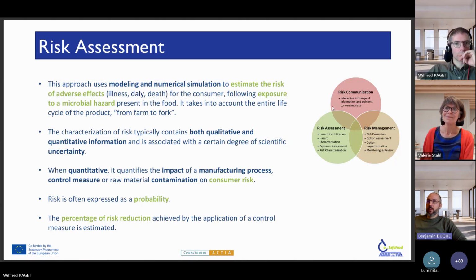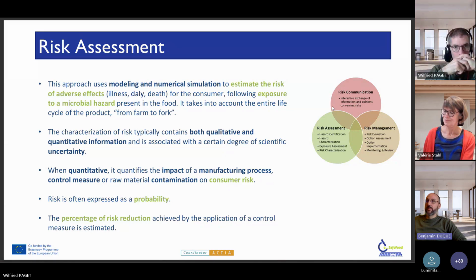So if you remember, risk analysis includes 3 elements. So we have seen risk management, and now we will focus on risk assessment. So this approach uses modeling and numerical simulation to estimate the risk of adverse effects, either illness or DALY.